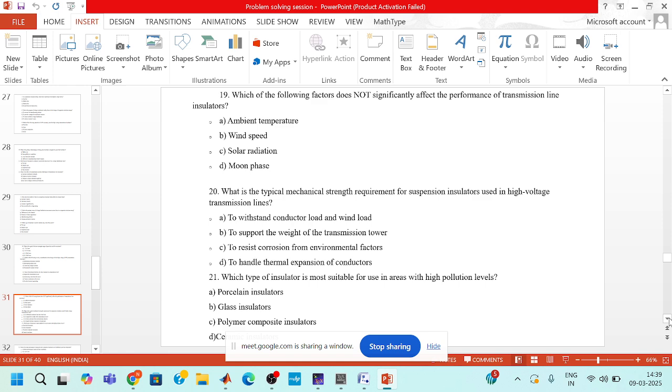So now the next question is, what is the typical mechanical strength requirement for suspension insulators used in high voltage transmission lines? Options are: A, to withstand conductor load and wind load. Option B is to support the weight of the transmission tower. Option C is to resist corrosion from environmental factors. And D is to handle thermal expansion of conductors.